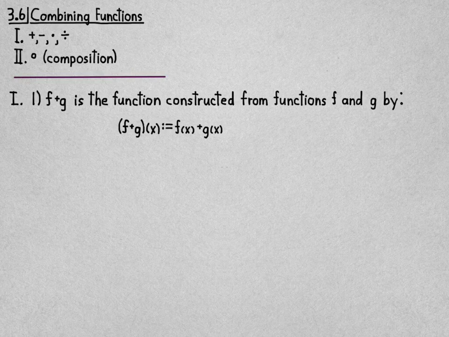So this is read f plus g of x, and you need the parentheses around the f plus g so you know that that's a single function. (f+g)(x) :=, that equals with the colon in front of it means that that's equal by definition. Okay, so equals by definition f(x) + g(x). So you just add the outputs. You use the same input for f and g, but you add the outputs.